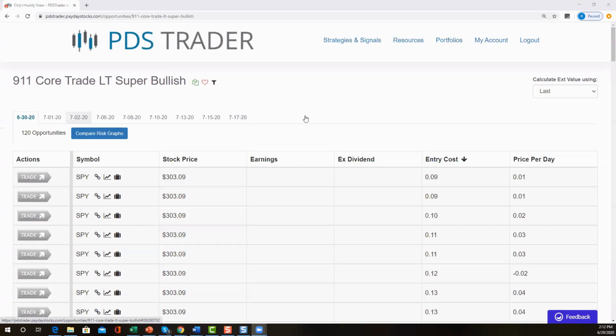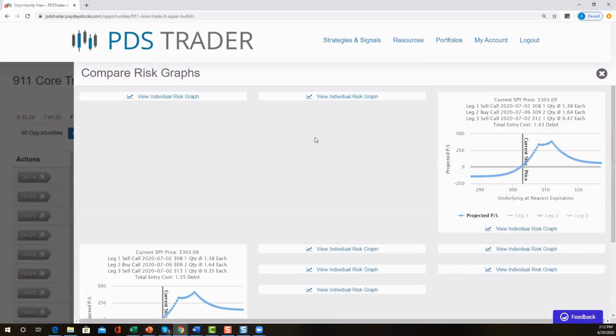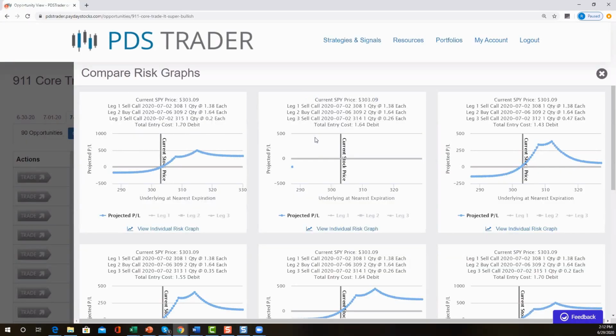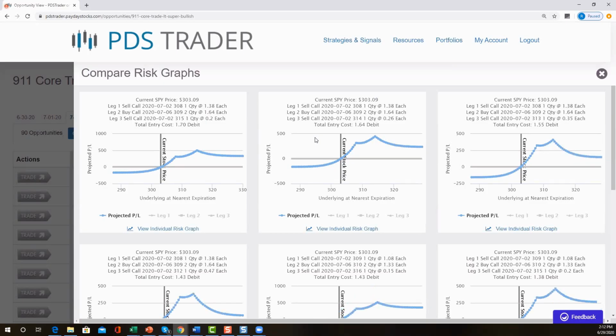All right, so 7/2 is the expiration. I'm going to sort this by credit just so I know what I'm looking at. Obviously, we're not going to be looking at any of these trades that are currently providing a 7-cent credit on the super bullish, just simply because that 7-cent credit comes with a huge risk to the downside if that's what we were to do.